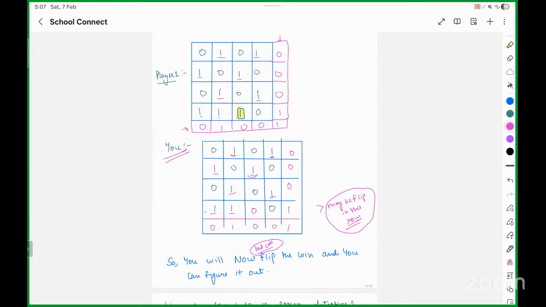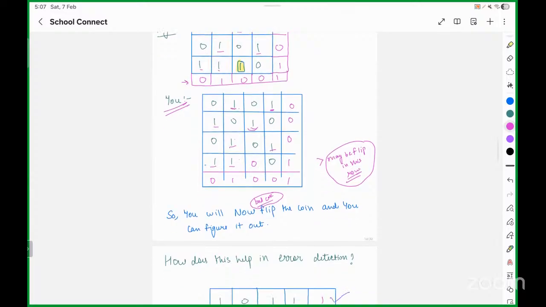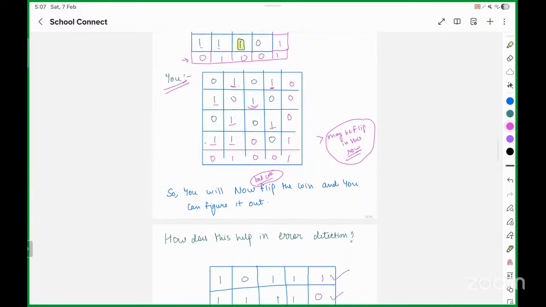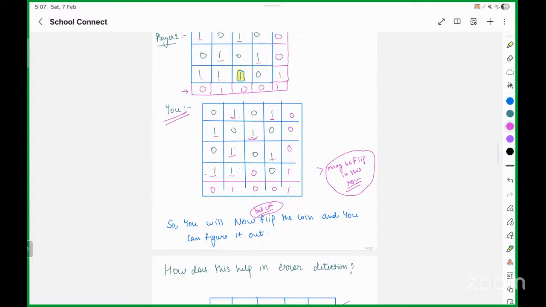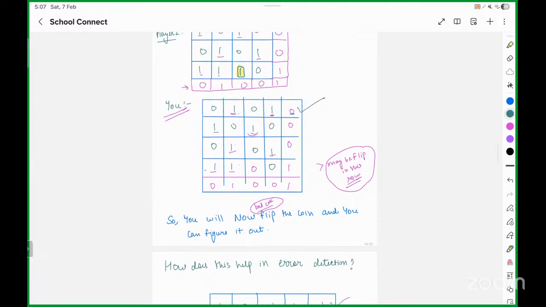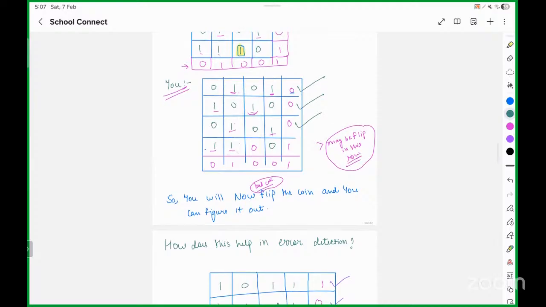Now we have to check which coin was flipped. So what will we check? We will check whether the XOR sum of the rest of the 4 cross 4 and this are the same or not. This is 1 and 1, which is even, and 0. So this is correct. Again 1 and 1, which is even, and this is 0. It's correct. Now 1 and 1 is even, so 0, correct. This is 1 and 1, even, but this is 1.